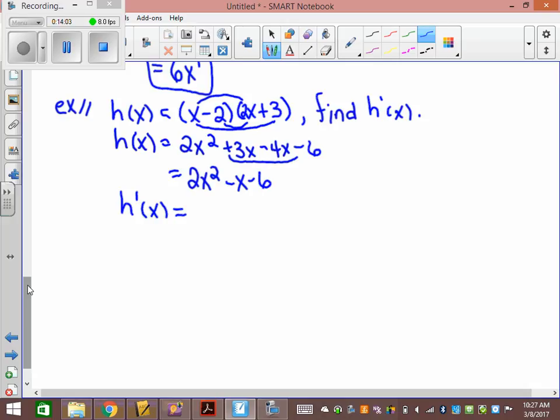So what will we get? 2 times 2, which is 4, x to the 1. Do I have to write the 1? No. Then this is negative 1x, so it's just going to become negative 1. Why? Because you take the 1, you times by the negative 1, which would be negative 1, and then you get x to the 0, which would? Yeah.